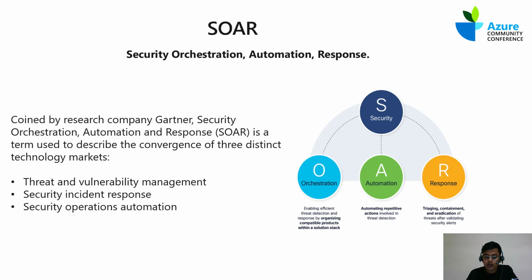Third is security operation automation. So it's about automatic handling of security operations related tasks. Most SOAR solutions have a playbook that acts in response to specific threats. Each playbook can be fully automated or set up for single click execution without human intervention.